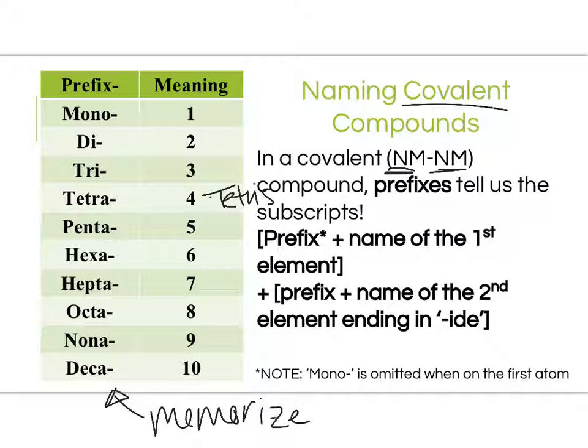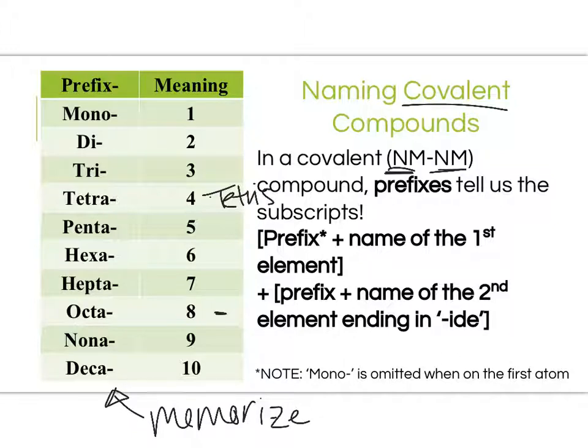Tetra means four. Penta means five, pentagon. Hexa means six, hexagon. Hepta means seven. Octa means 8. So octagon, octopus, has 8 tentacles. So those are ways we can remember that. Nona means 9, and then deca means 10.